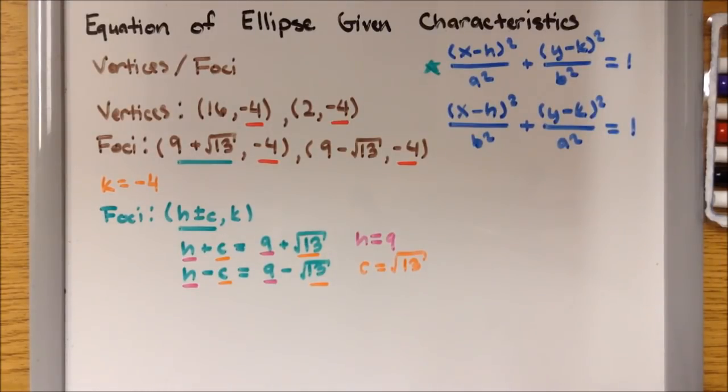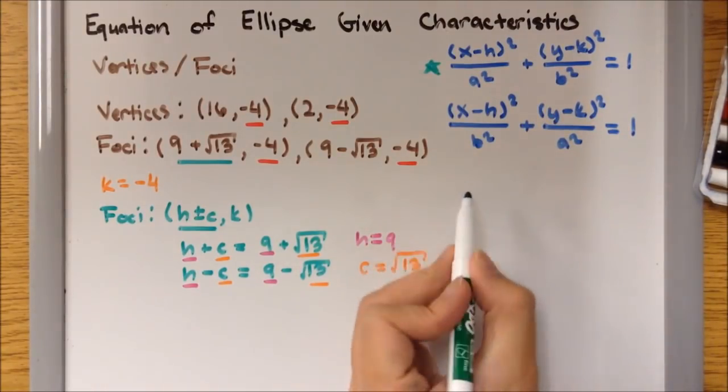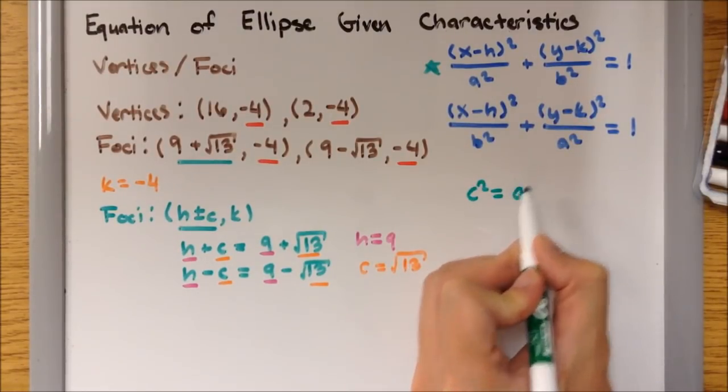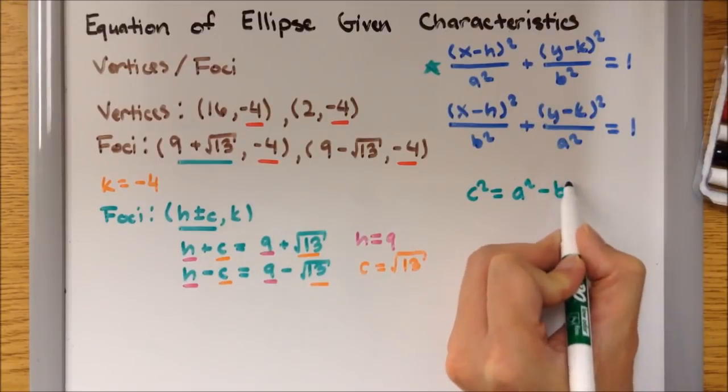Now, how is that going to help us find the values for a and b? Well, going back to your 7.2b video notes, there was a chart that tells you the relationship between c squared, a squared, and b squared, which was c squared equals a squared minus b squared.